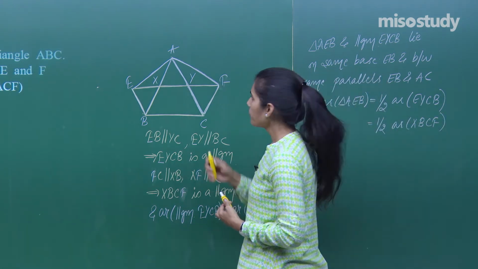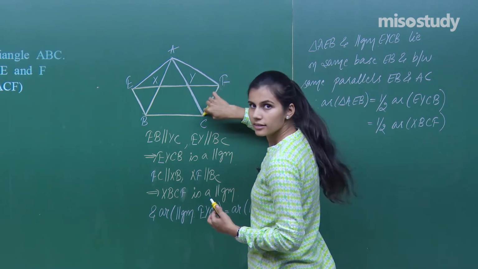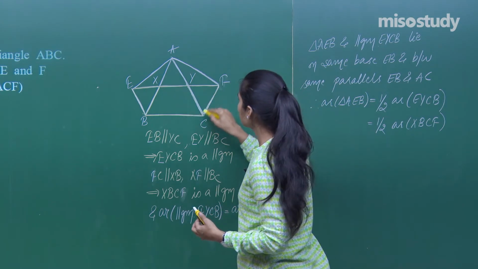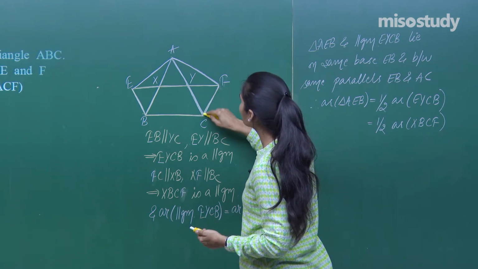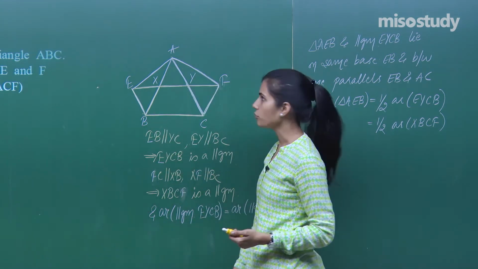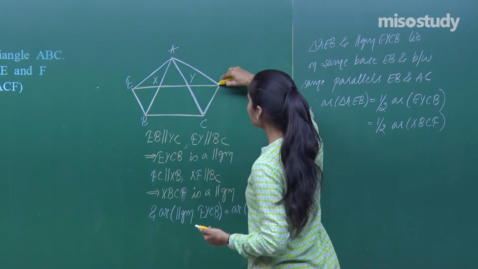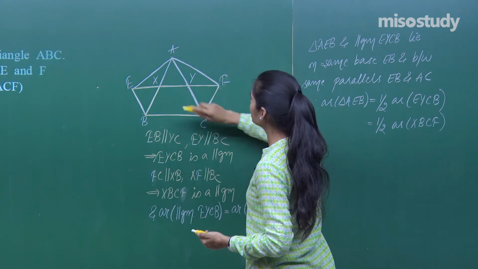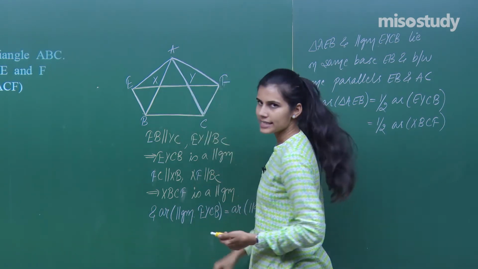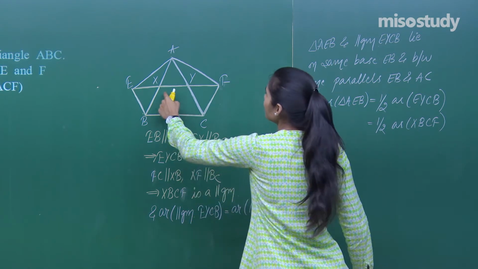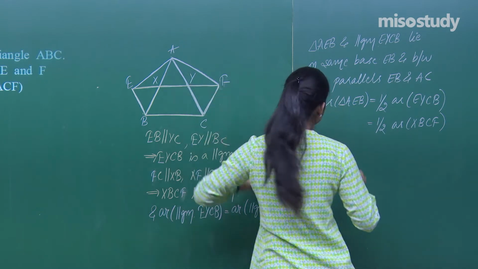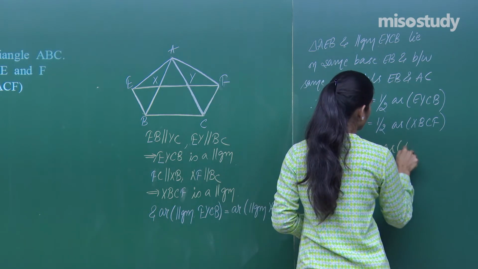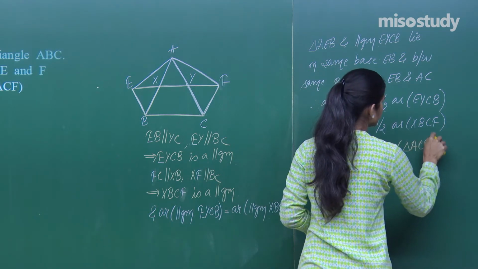Now if you focus upon triangle AFC and parallelogram XFCB, again they are lying on the same base FC and between the same parallels FC and AB. You can write this on your own. And therefore triangle ACF will have area half of the area of the parallelogram XBCF. Why?